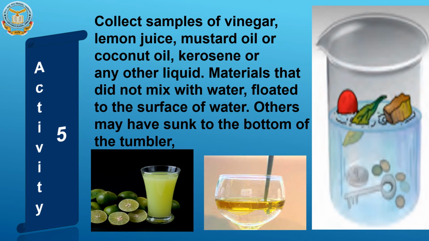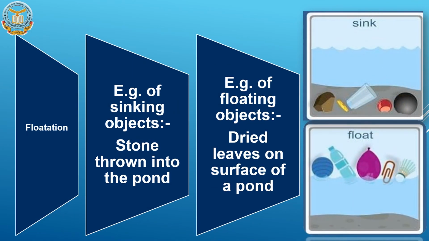So, materials that do not mix with water either float to the surface of the water or may sink to the bottom of the tumbler. Objects like stone, coin, metal key will sink in water, whereas objects like dried leaves, paper boards, empty water bottle, balloon, pin, shuttlecock will float on the surface of the water.